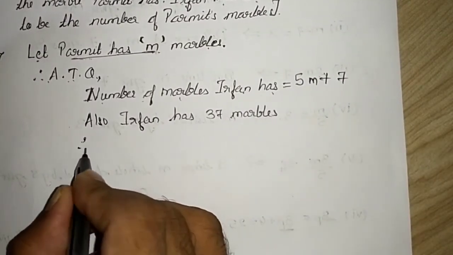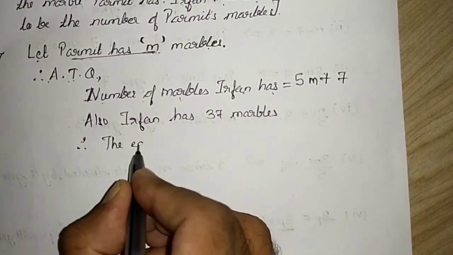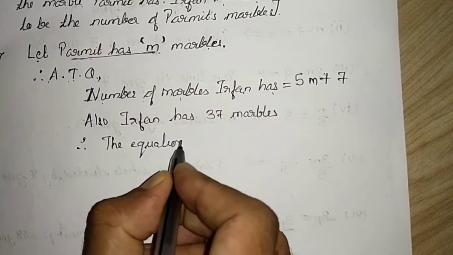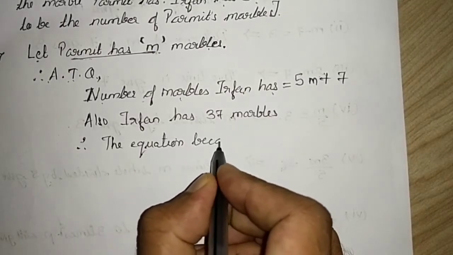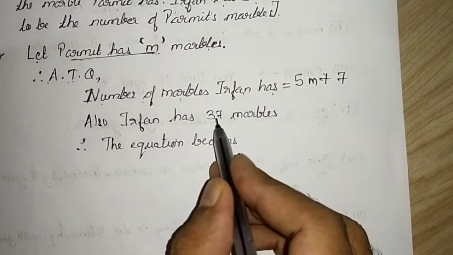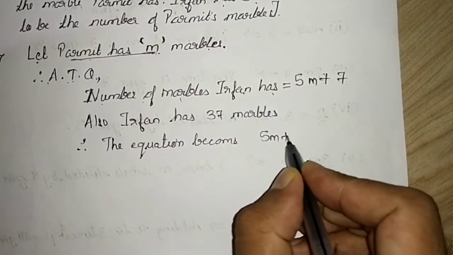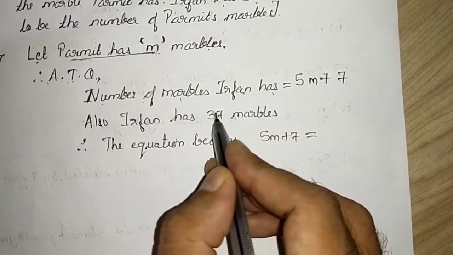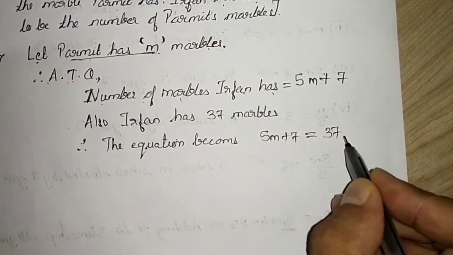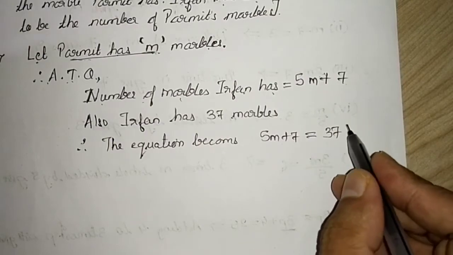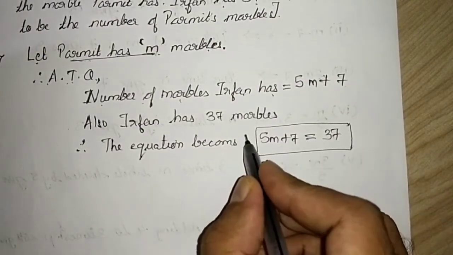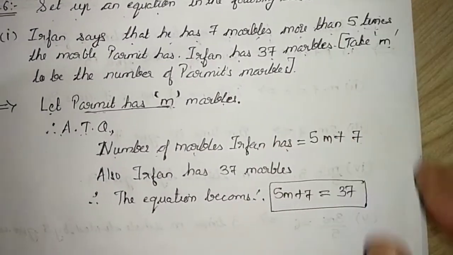So the equation becomes 5M plus 7 is equal to 37. This is our equation formed from the above word problem.